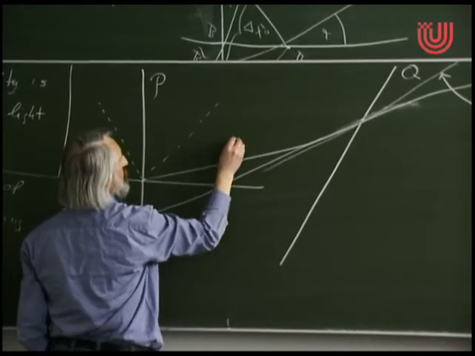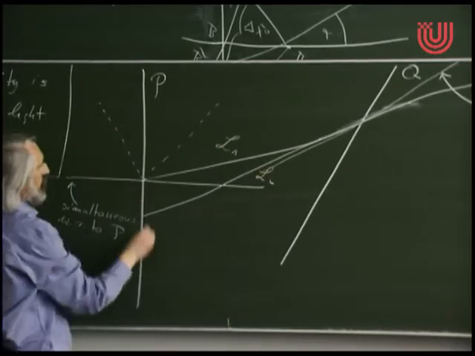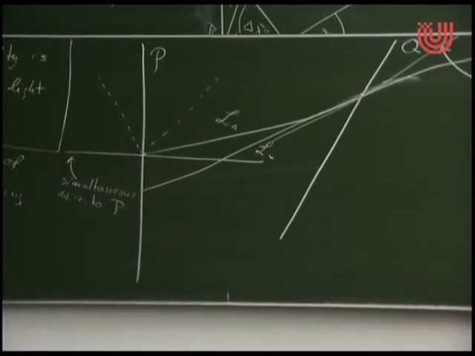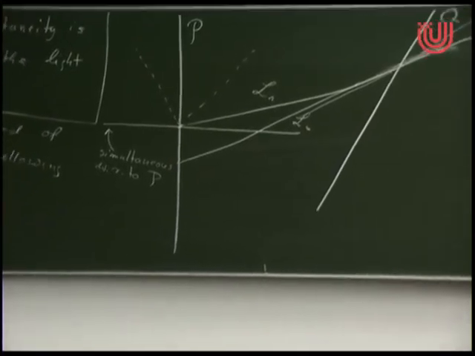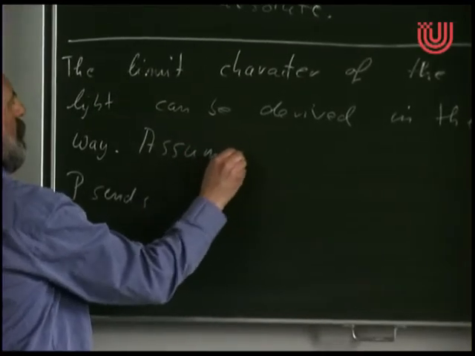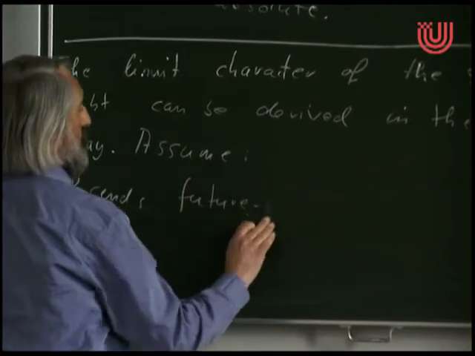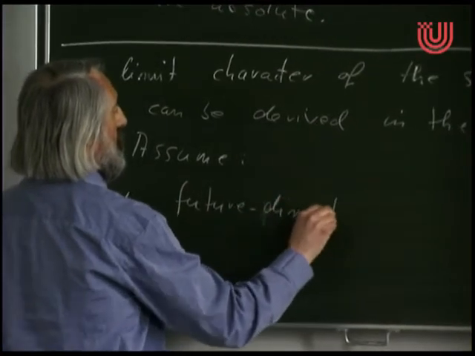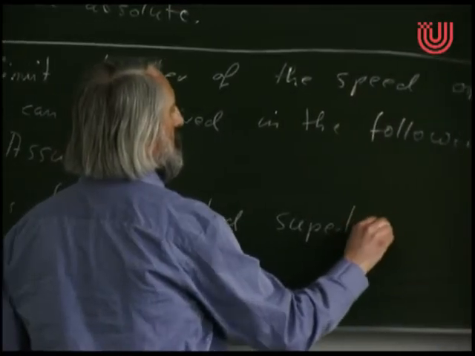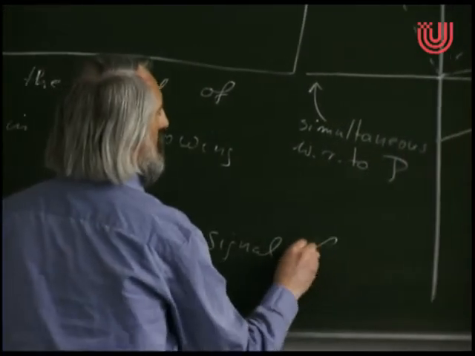So this was the first signal. Let's call this L1. And this is the second signal, L2. And both together go into the past of this observer. Yeah? So the construction was like this. So assume P sends a future directed, not past directed, but future directed, but superluminal, faster than the speed of light, signal L1.